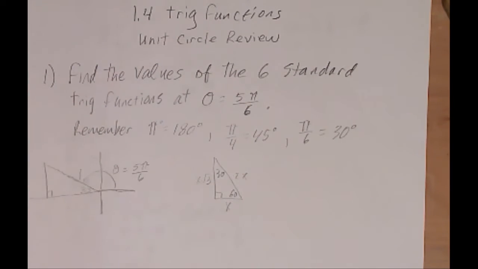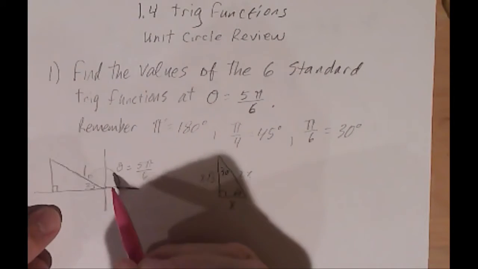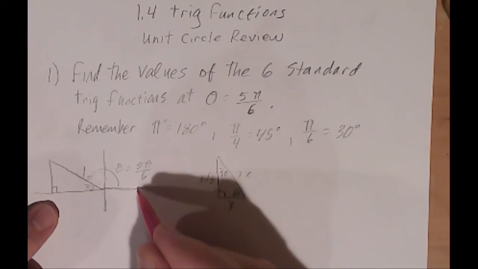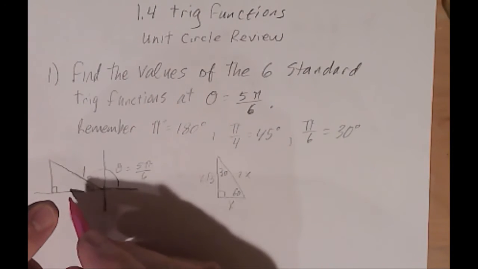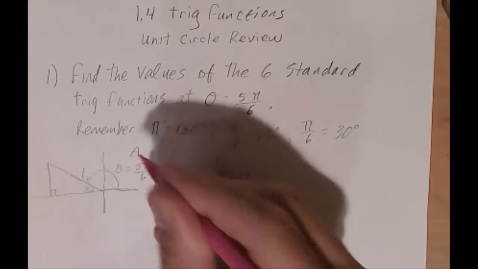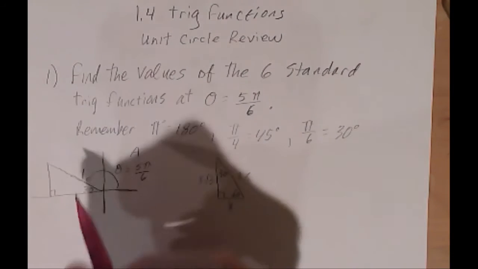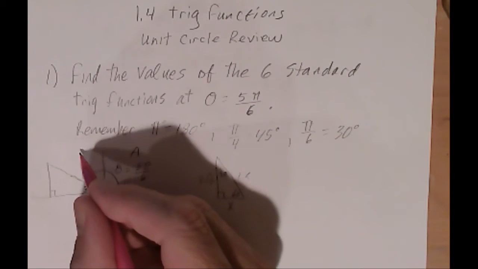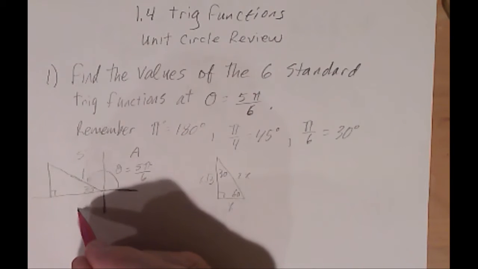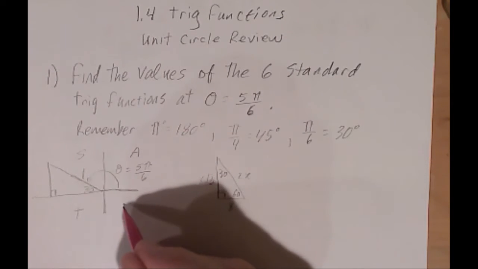And the way that this thing is going to work is that it's going to work in from the 0 and the 180 side. Now I have to remember my ASTC. All are positive in the first quadrant, sine is positive in the second, and so on.